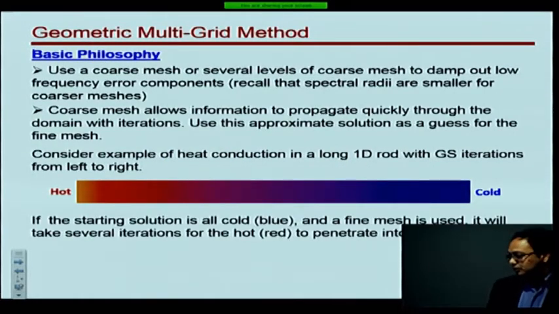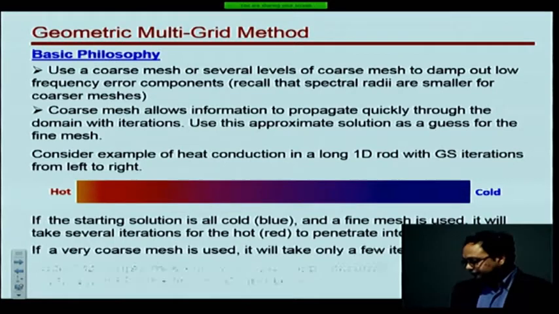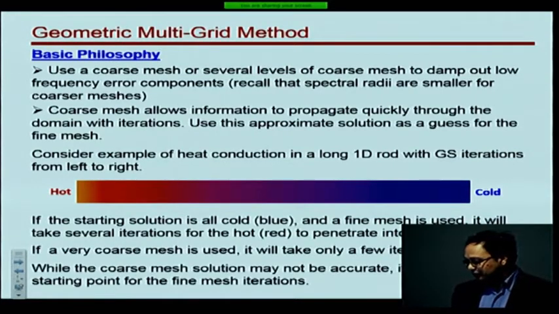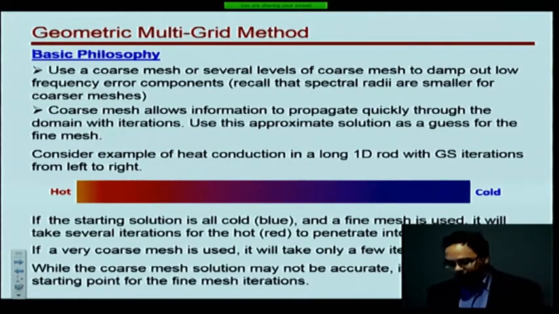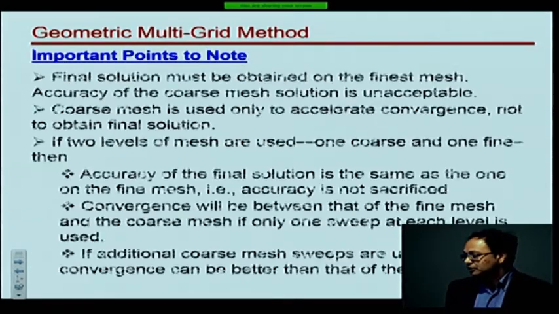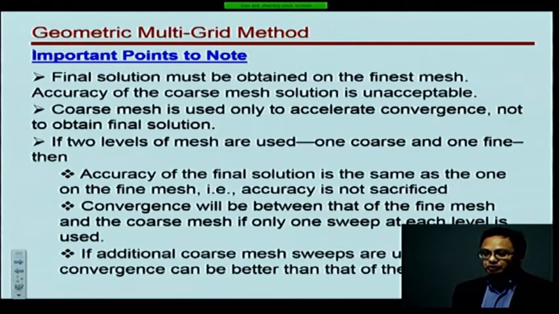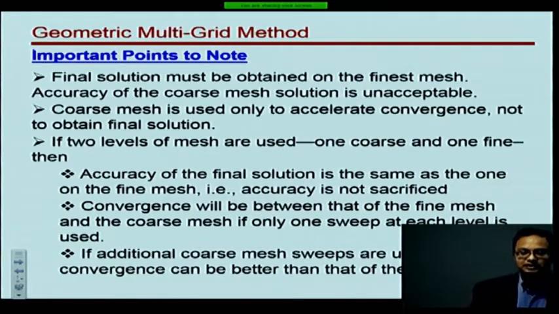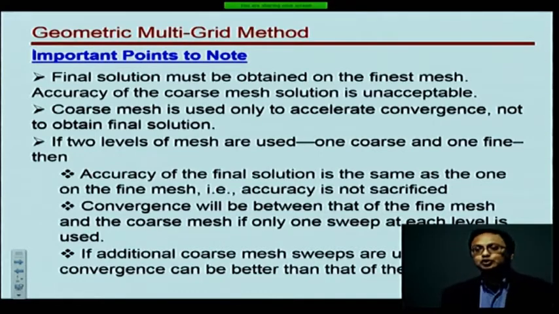I already explained this, that if you use a coarse mesh, it would take very few iterations for the information to propagate through the mesh. Okay. So here are some important points to note before we actually start constructing a multigrid algorithm. First important point is that the final solution must be obtained on the finest mesh. Okay. Any other solution is an unacceptable solution.